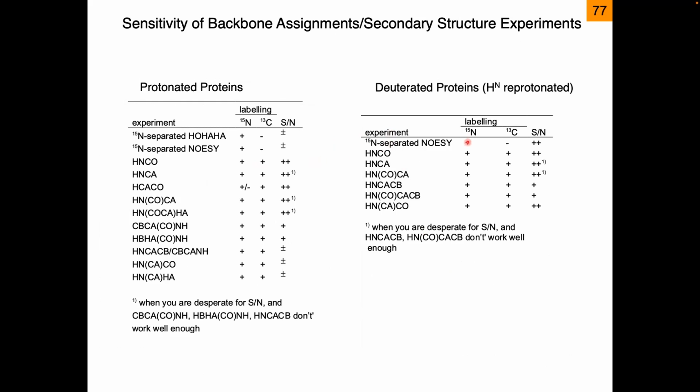Then HNCA, of course, gives you connectivity information. And if you have deuterated proteins, then this HNCA-CB experiment is probably the best to get you connectivity information.